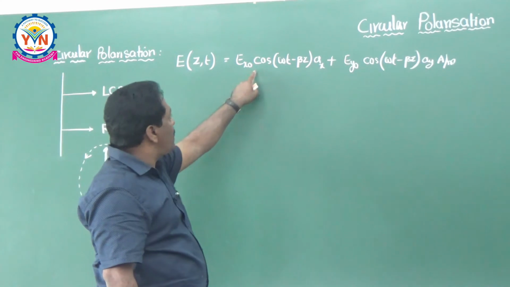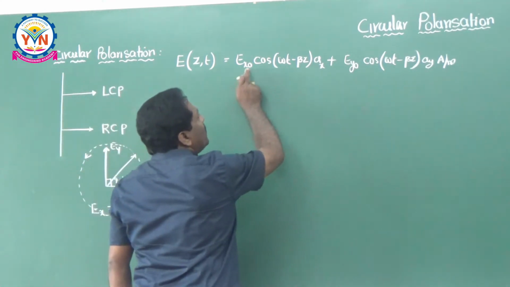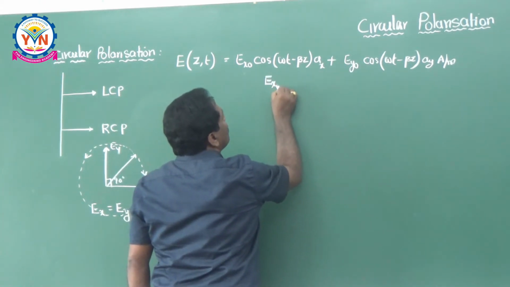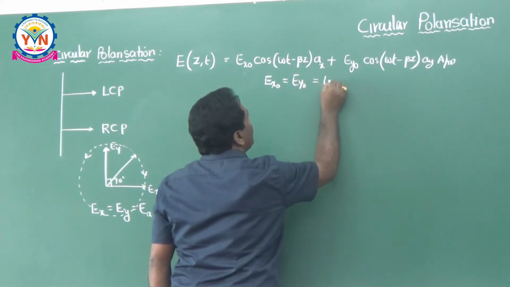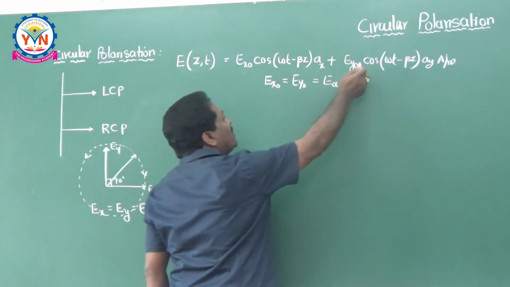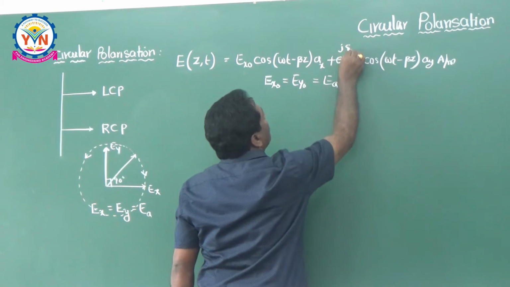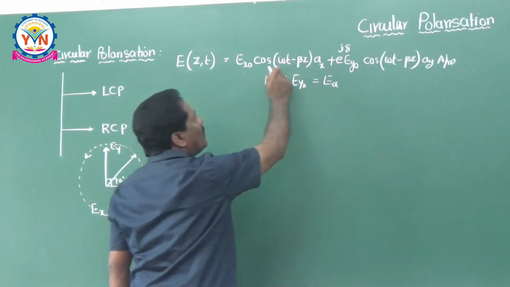But if you apply the condition of circular polarization, Ex naught must be equal to Ey naught. So just substitute Ex naught equal to Ey naught, equal to some common amplitude Ea. And in the generalized equation, it should have e to the power of j delta. Delta is nothing but the phase difference between this component and this component.